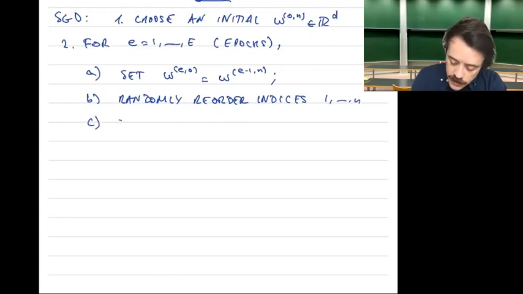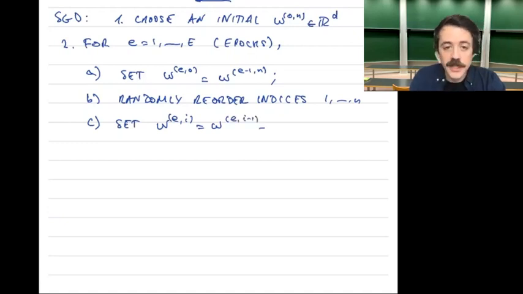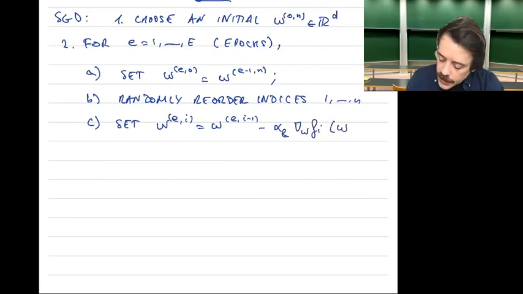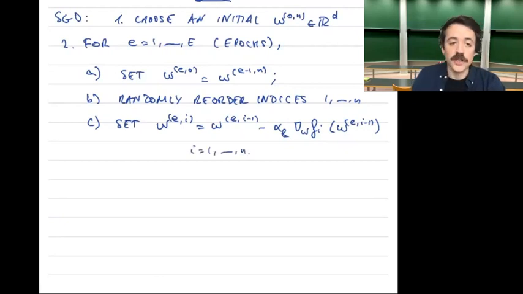And C: we set this guy as the previous one minus, because we're minimizing, the learning rate alpha_e times the gradient of this guy at the previous value. And this is for every i going from 1 to n, with these reordered indices.